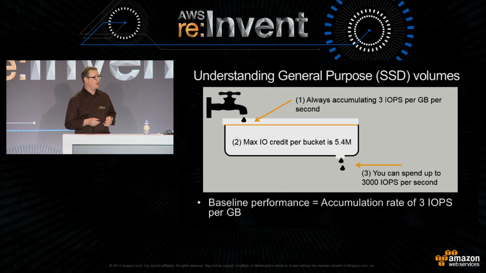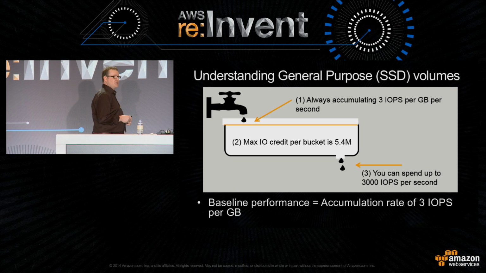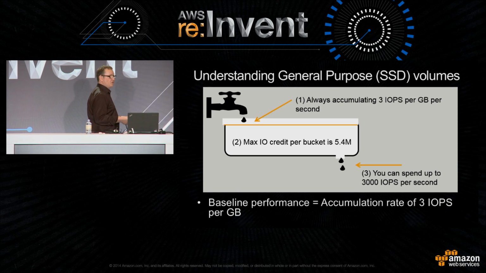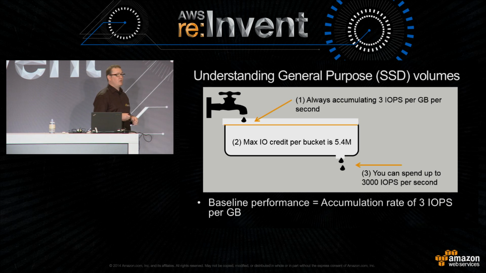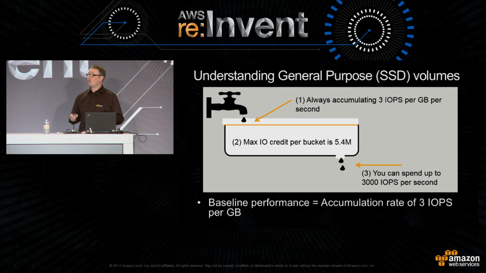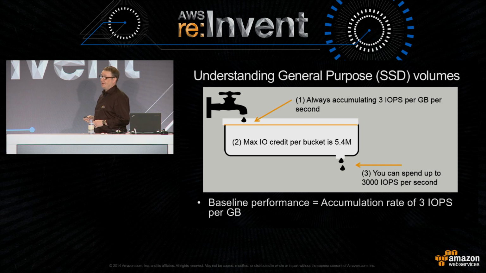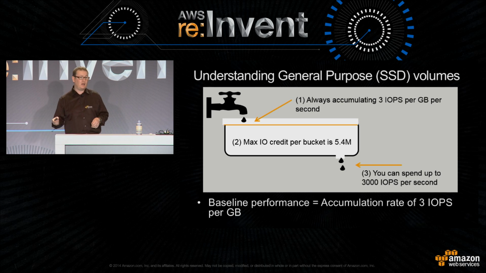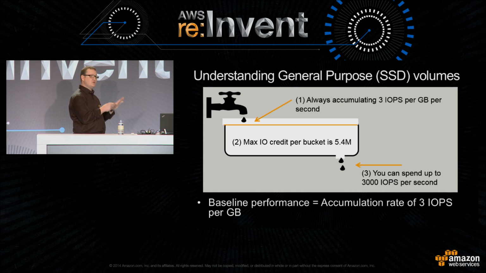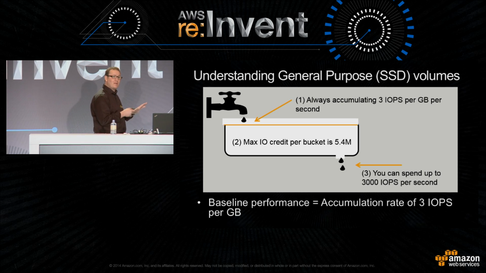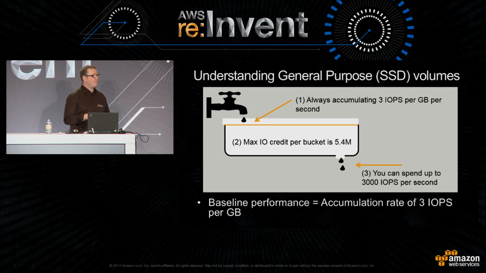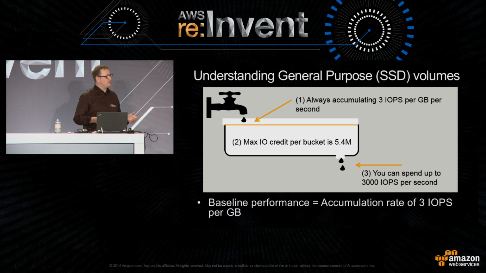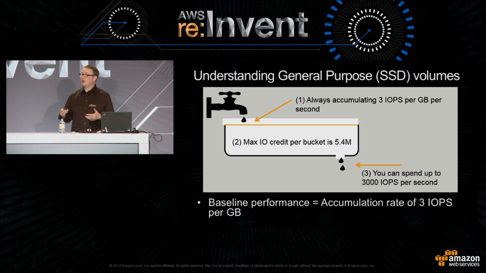I'm going to spend quite a bit of time here because I think this topic is really important, understanding how our I/O burst bucket works. Every single GP2 volume created today starts out with an I/O credit bucket of 5.4 million IOPS. And you can spend those IOPS at up to 3,000 IOPS per second. It's a bit confusing, IOPS per second, but it's the way the credit bucket works, okay? The baseline performance, or the input rate into that bucket, is going to be 3 IOPS per gigabyte.